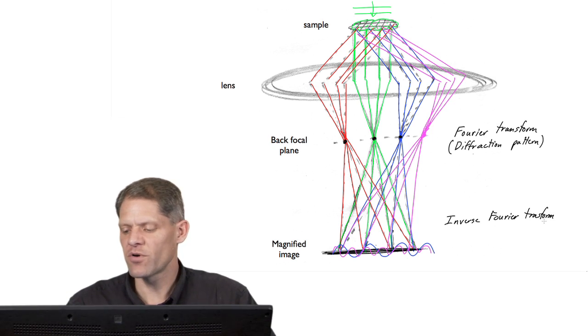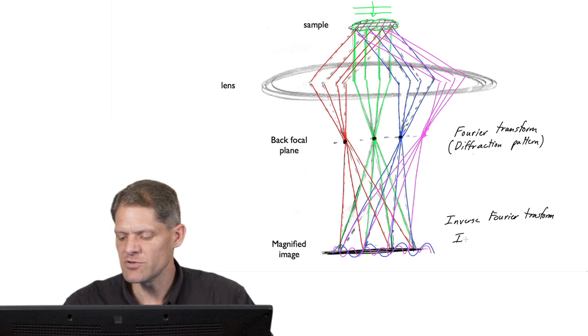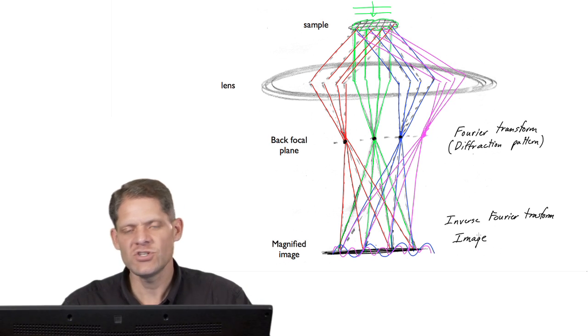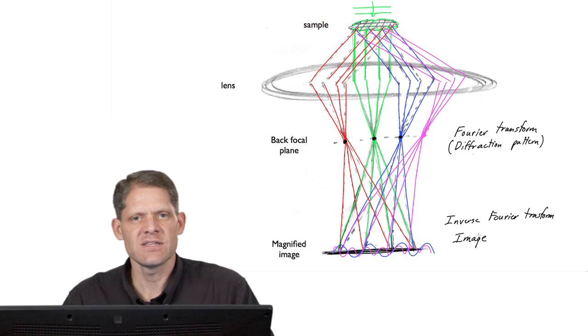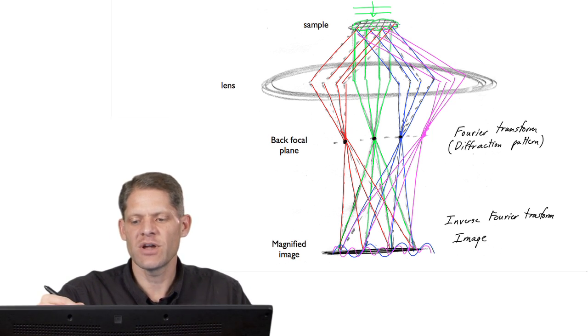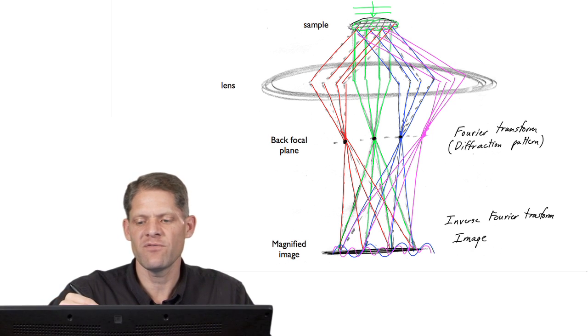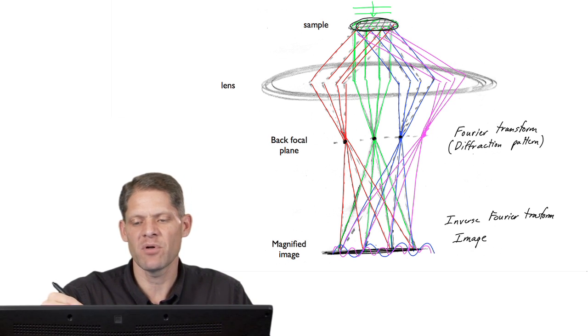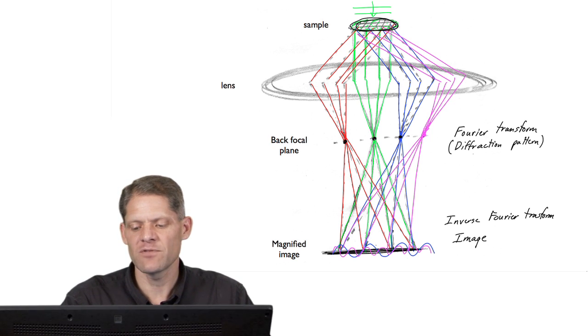Or you might call this a Fourier synthesis to produce an image. And it's just like the ideas that we had when we were studying Fourier transforms. A Fourier transform takes a complicated wave function, like the density of a sample, and separates it into its component sine waves.